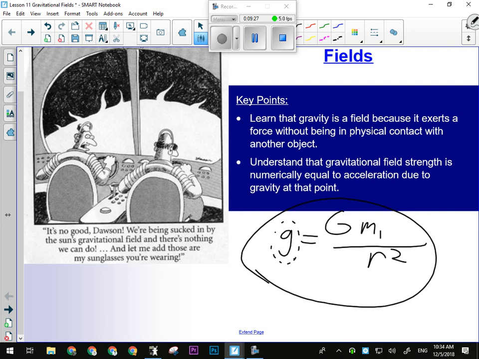I write on there, calculate the gravitational field strength experienced by this object. And a third of the people still calculate the force of gravity. Even though I specifically say calculate this, and I make a point of making it obvious, people still calculate the force of gravity. I give this speech every single time I teach this lesson.